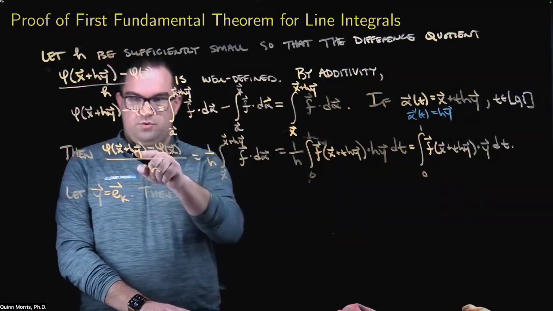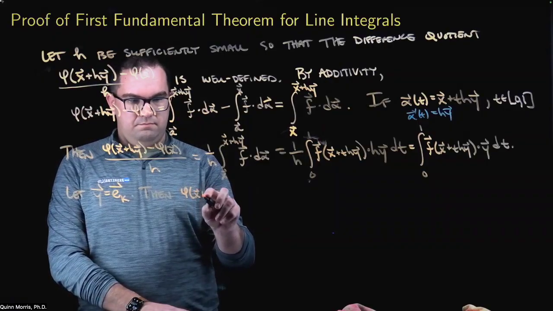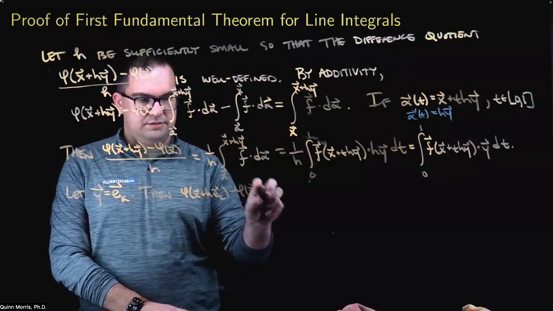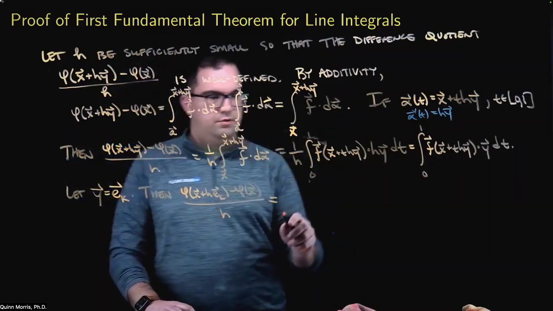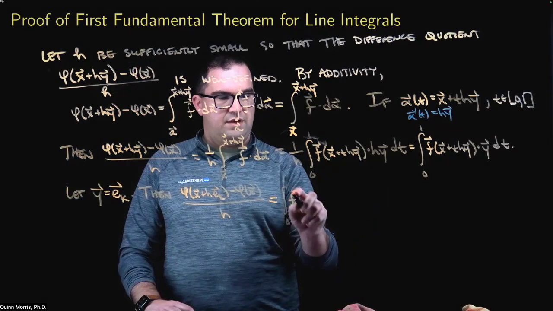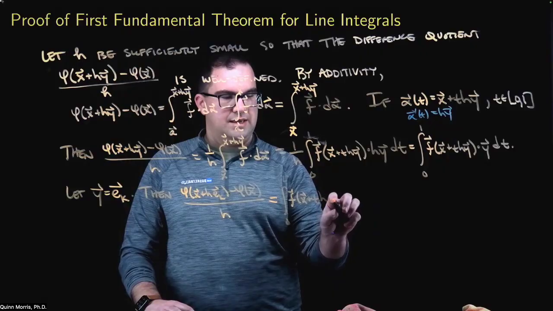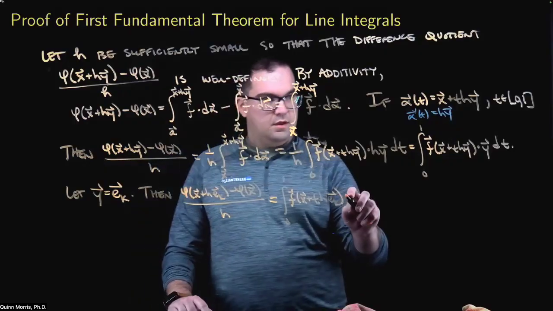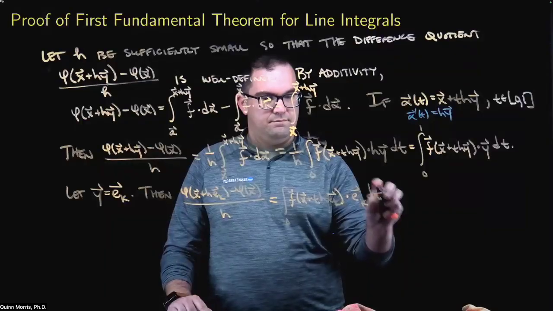Then if we look at this difference quotient now, I have psi of x plus hek minus psi of x, over h, is equal to the integral from 0 to 1 of f of x plus thek dotted with ek dt.